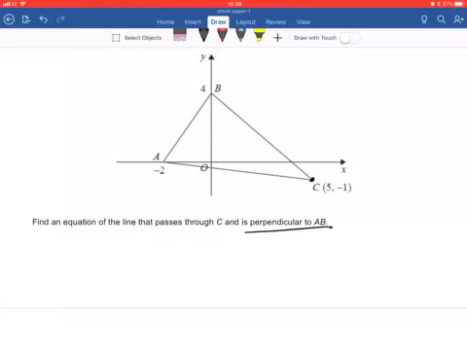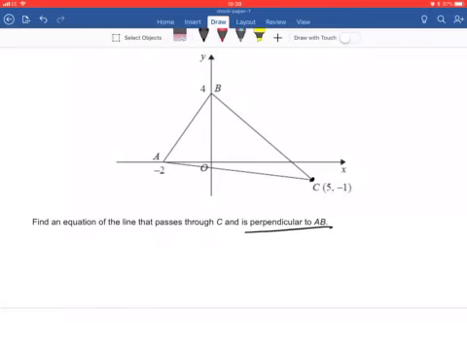So already we've got another perpendicular question. What we want to work out really is not necessarily the equation of AB, but I would like to work out at least the gradient of AB, so I can find out the equation as the gradient of the line that's perpendicular to AB.